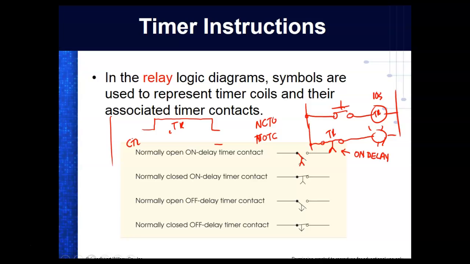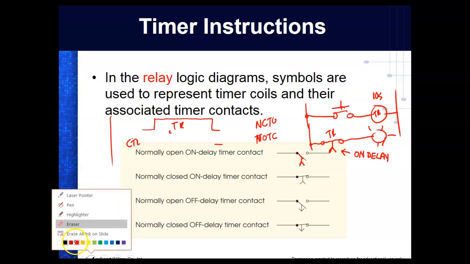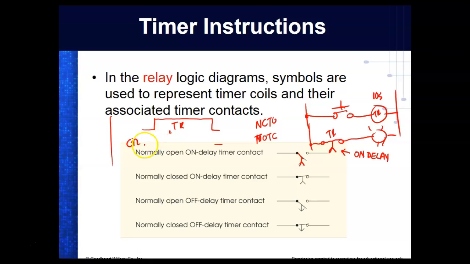My marker is right on my recording software. And what would happen, this would be my contact, it would close. Then after 10 seconds, it would open. Make sense? This is an off delay timer.